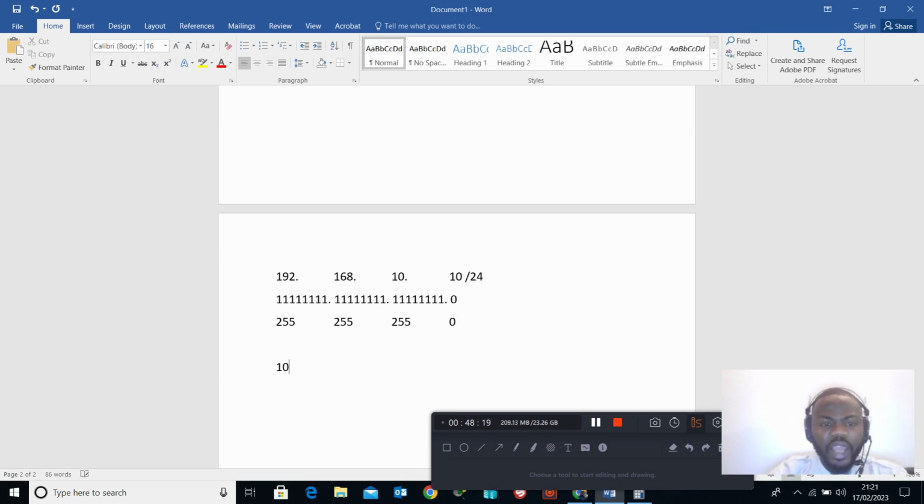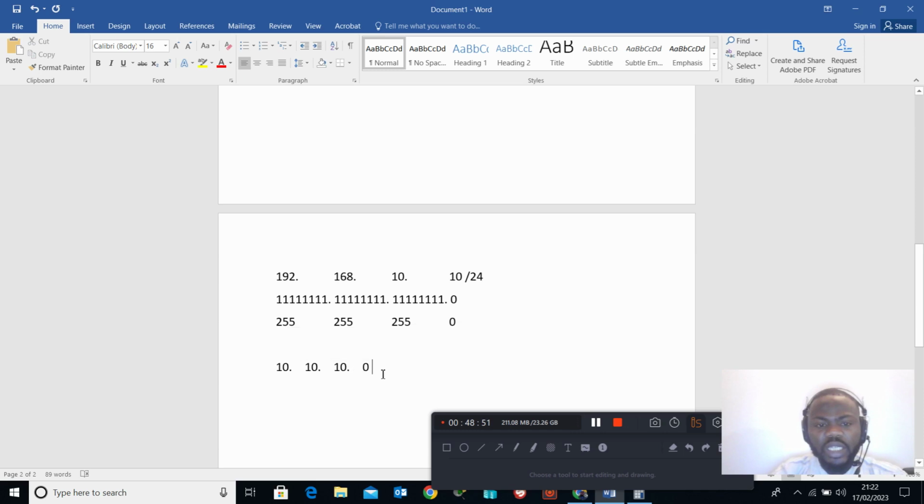If we are given 10.10.10.0, I want to be using 10.10.0. If you are looking at this now, you know this falls between 0 to 127, which is a class A. But we are not dealing with that again.